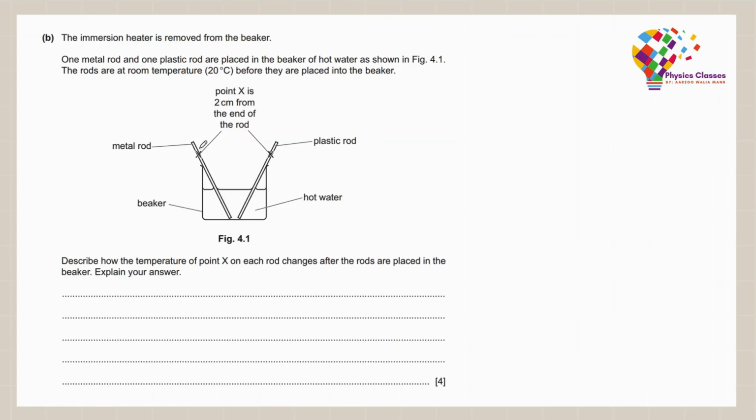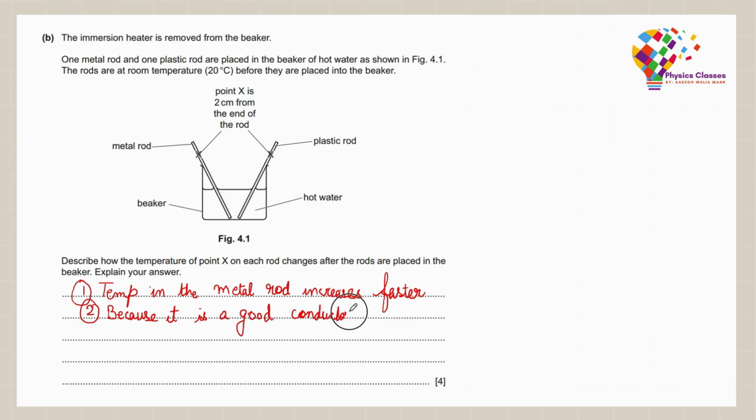For the B part, we have to describe how the temperature of the point X on each rod changes after the rods are placed in the beaker. So one of the rods is made up of metal and the other rod is made up of plastic. Firstly, we understand that the temperature on the metal rod would increase faster because the metal rod is a better conductor of heat.